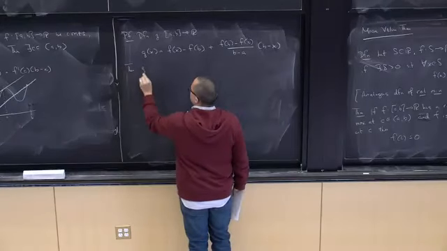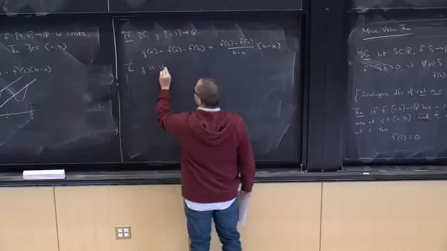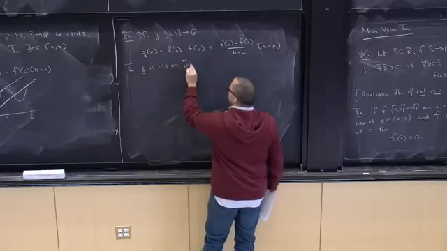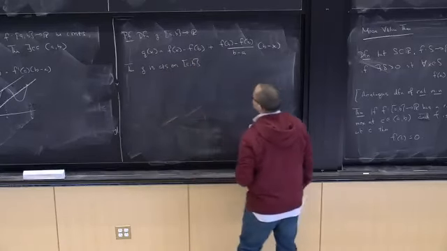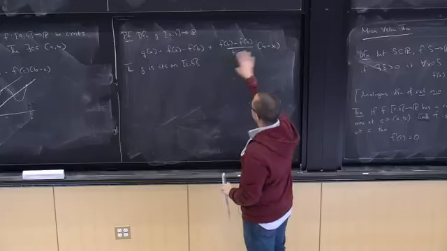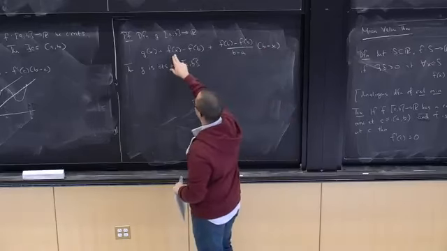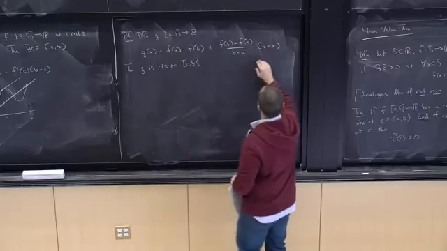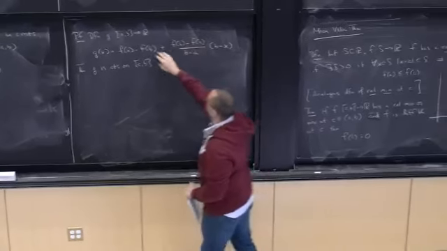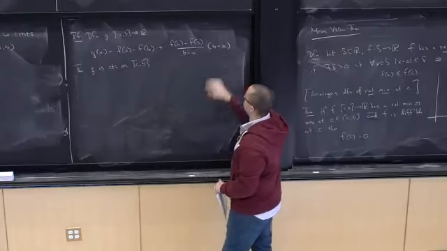Then g is continuous on the closed interval [a,b]. Why? Because it's a sum of two continuous functions on [a,b]. f of x is continuous on [a,b], and this is just a constant, and this is a polynomial.